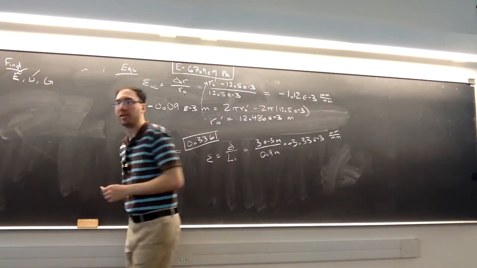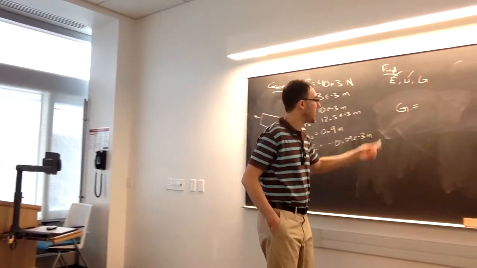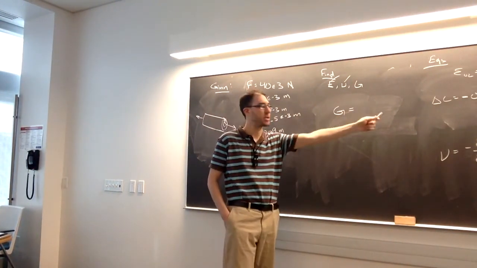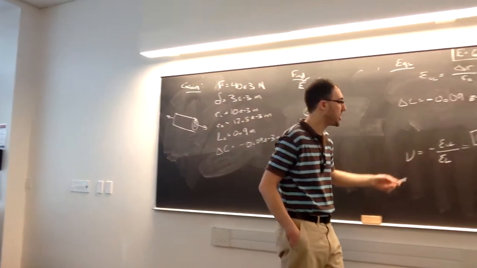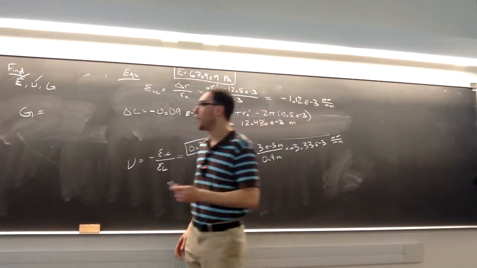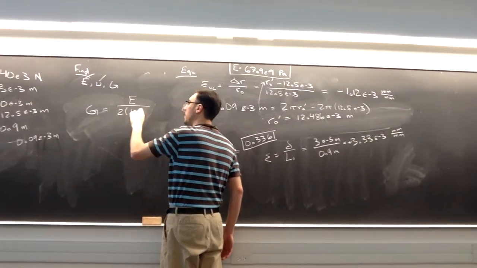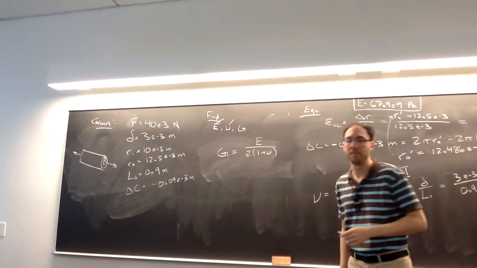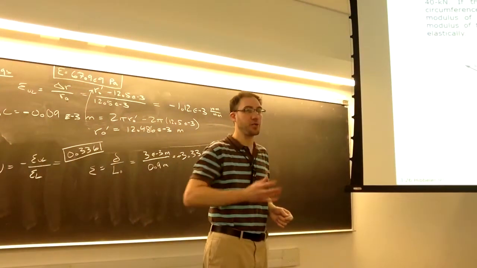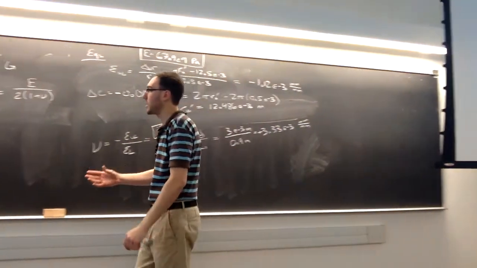How can we find the shear modulus, G? We can use the relationship between these three material properties: shear modulus, Young's modulus, and Poisson ratio. Only two of them are independent. If we know two, we know the other. For any material, this relationship is going to be true. We aren't told any information about shear, which is where we would experimentally determine the shear modulus.